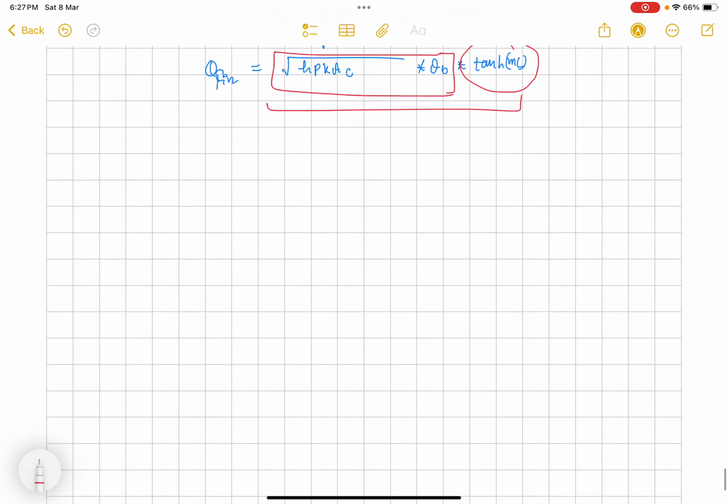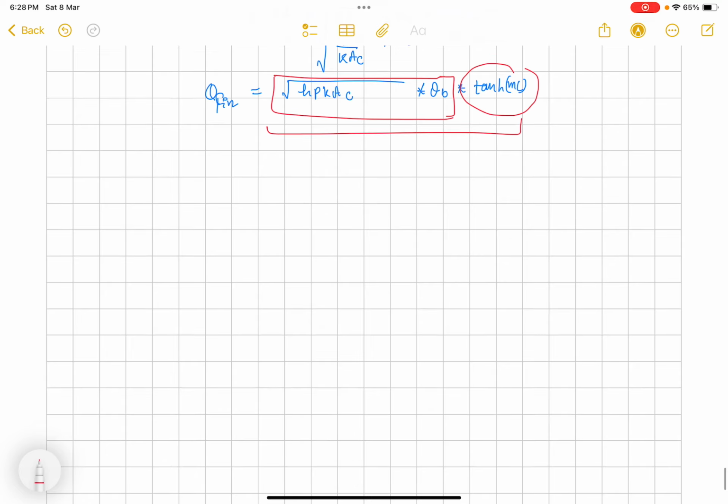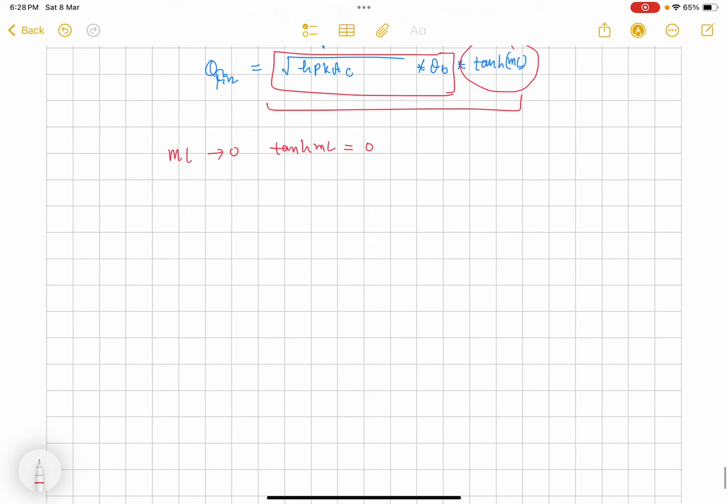Alright. So we can define a criterion for when we can treat the fin as of infinite length. If this ml is 0, then tan hyperbolic is also 0. It means there is no heat transfer from the fin.